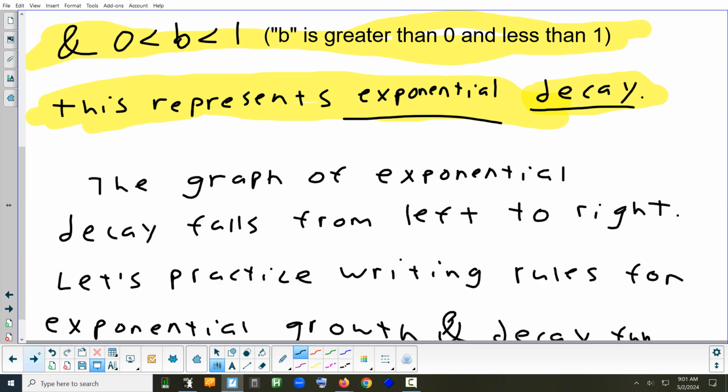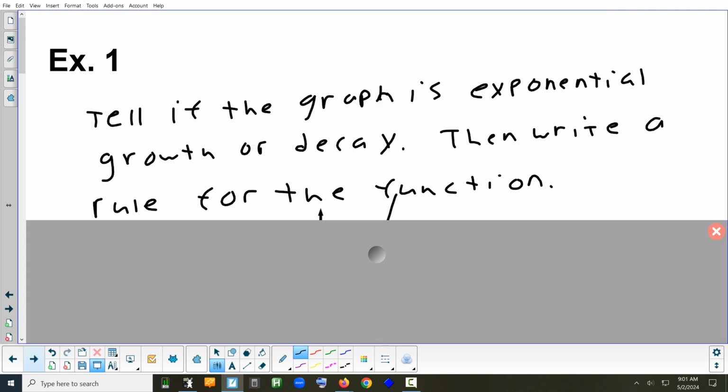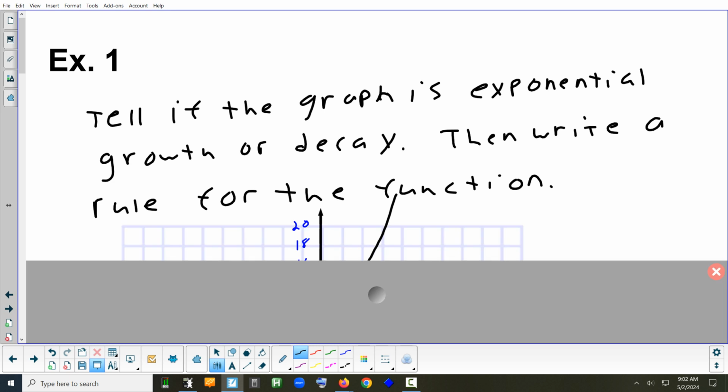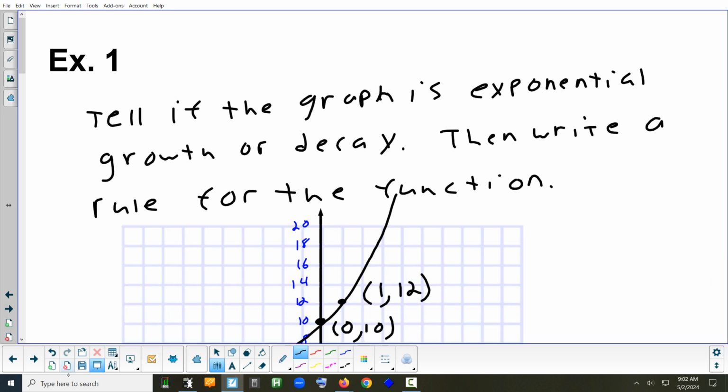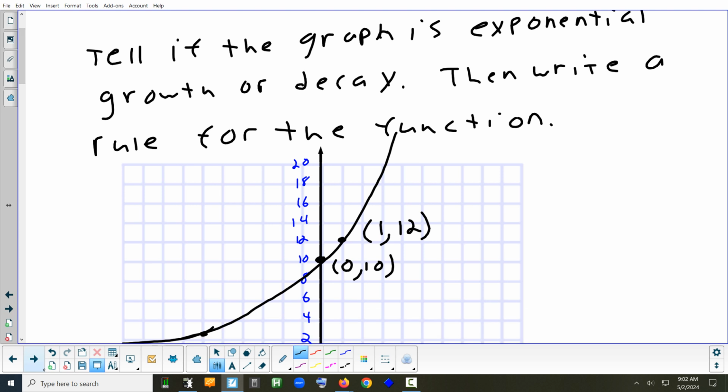All right, let's look at this one. It says, tell if the graph is exponential growth or decay, and then write a rule for the function. You already have that drawn in your guided notes.